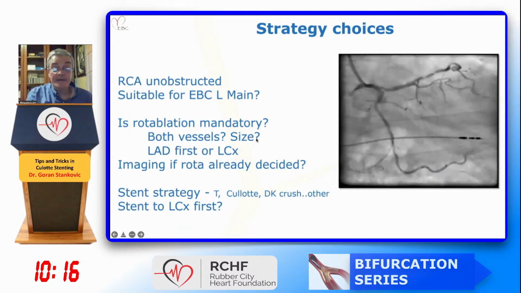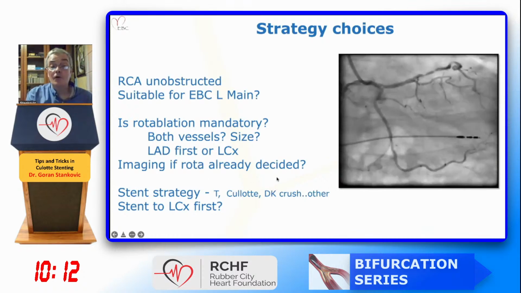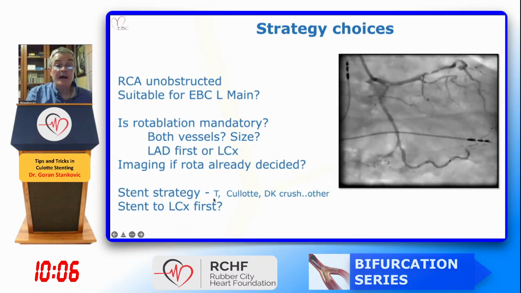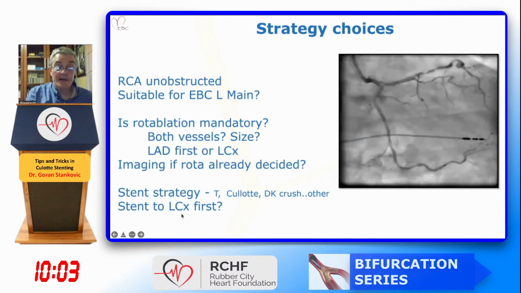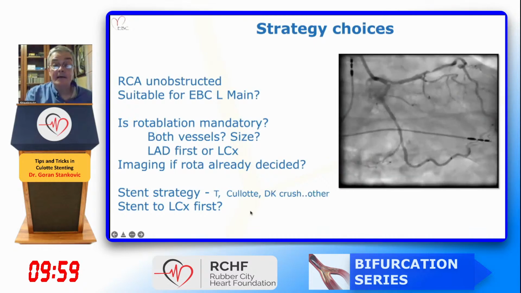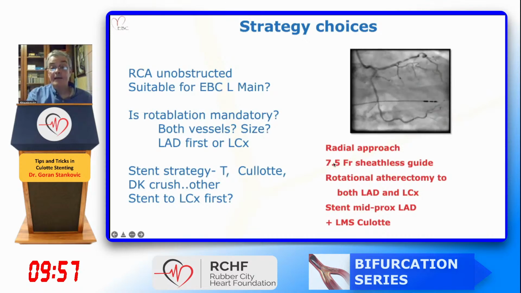Rotablation, both vessels, LAD first or circumflex, imaging if rota is already decided, stent strategy, again, all options possible. If you do provisional layered approach, probably should stent circumflex first. And this is what was decided.